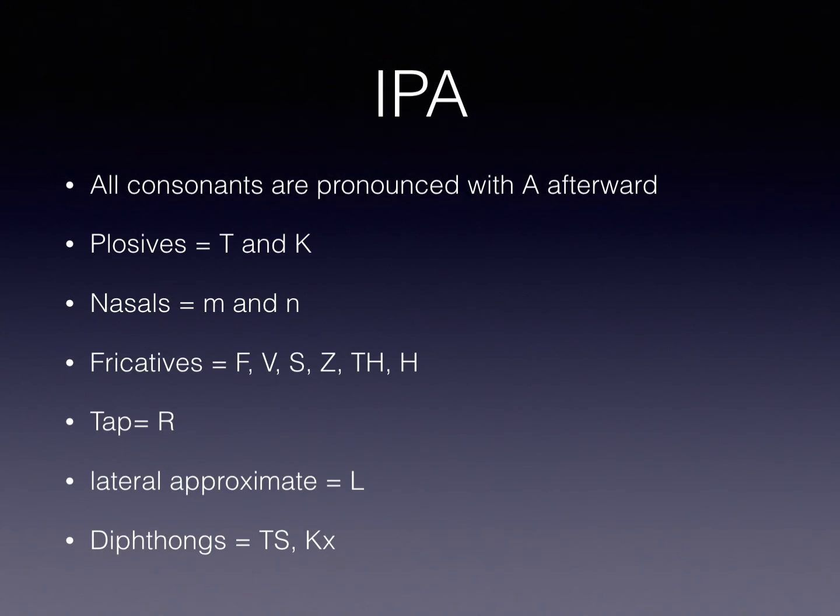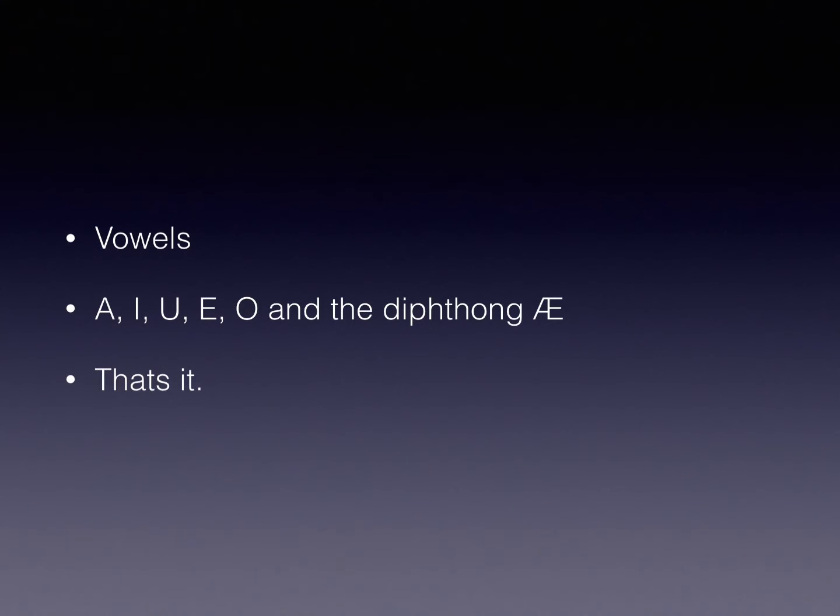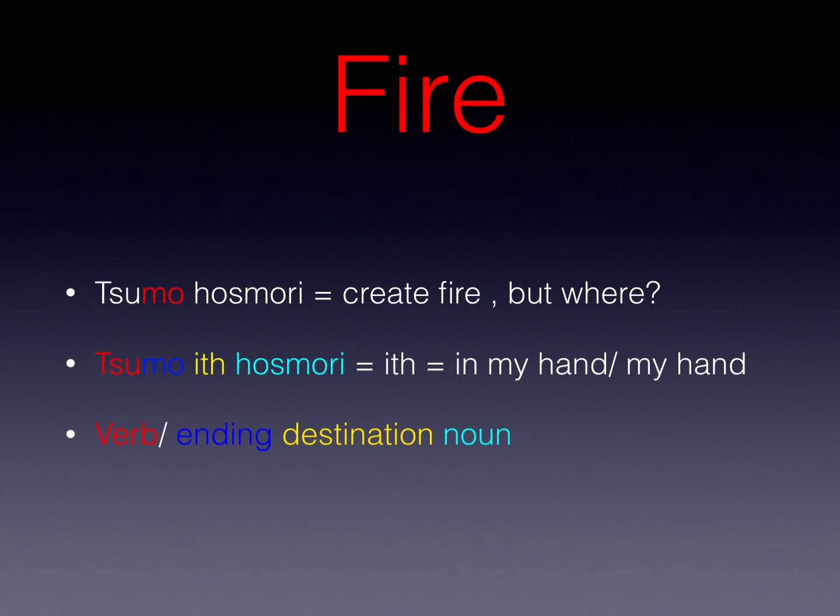We have tsa and ksa. And next we have the vowels a, i, u, e, o, pretty standard, and the diphthong i. And that's it.